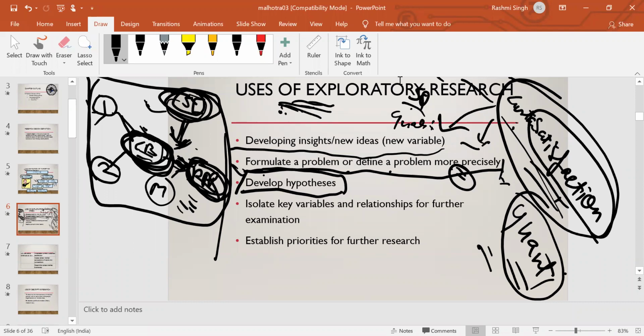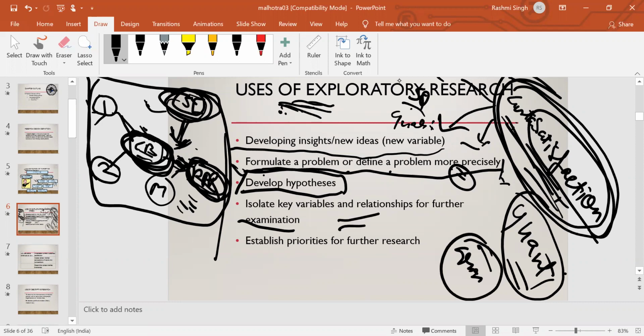Isolate key variables and relationships for further examination. As I said, customer satisfaction: you have isolated this particular variable. Or if I say compulsive buying, from the problem you have to identify the key variable. Or online community engagement, brand equity.